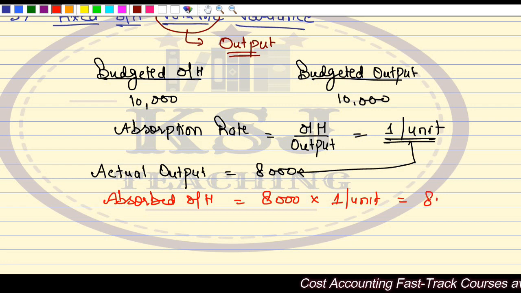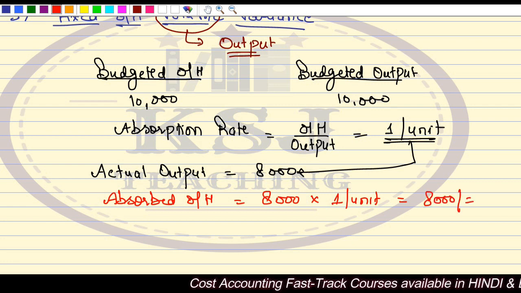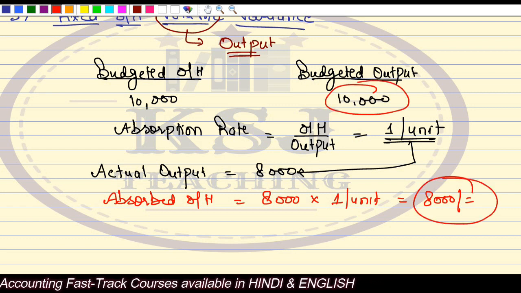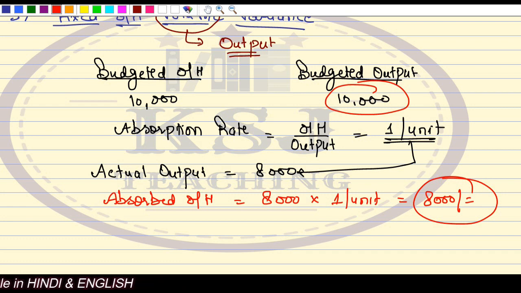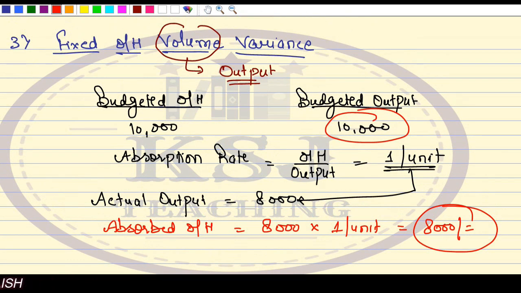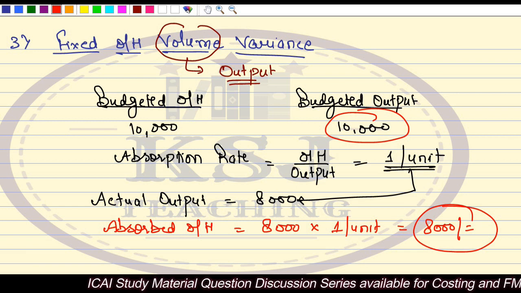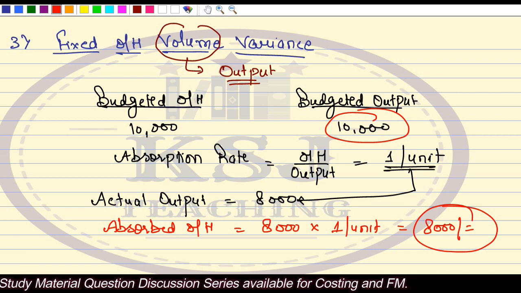That is 8,000 rupees. This is what you have absorbed. What you planned for 10,000, what you absorbed 8,000. So there is a variance due to the output. The output means volume, right? So there is a variance arising because my budgeted output was something else and my standard output is something else.